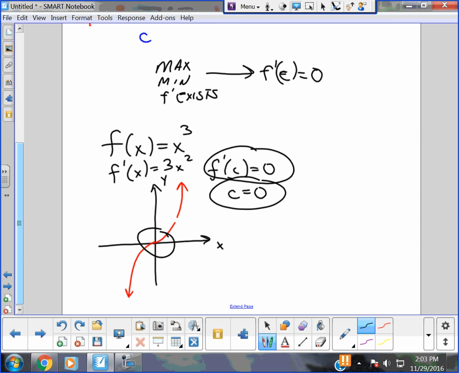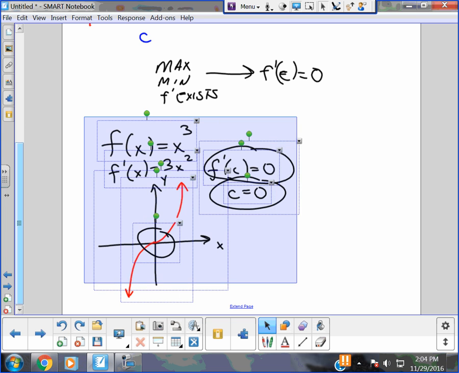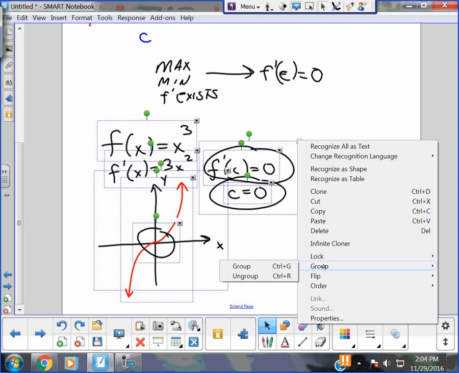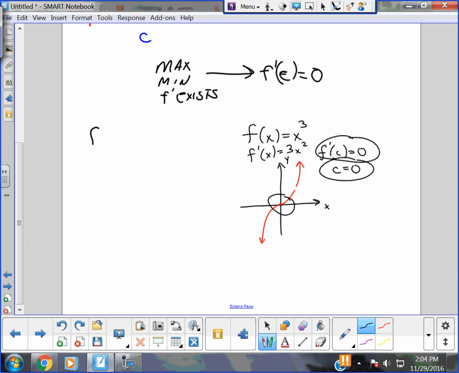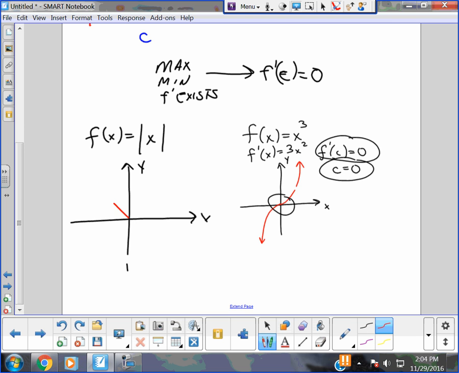Likewise, just because it's a max or min doesn't mean there's a derivative. In the last case, the derivative was 0 and the point was nothing. The other option that gets students confused, let's go to my other favorite function that's continuous: absolute value of x.